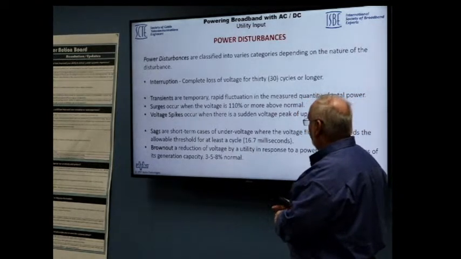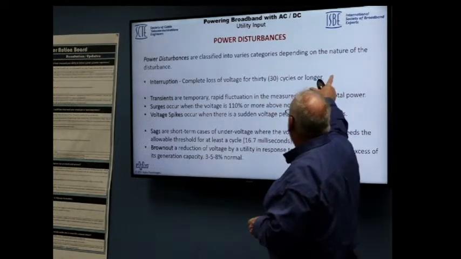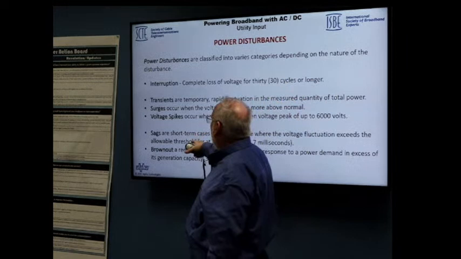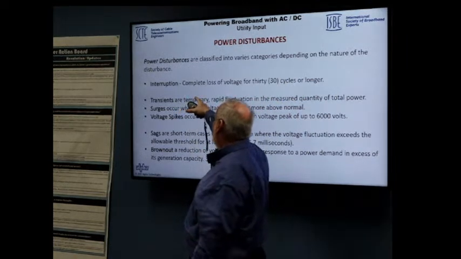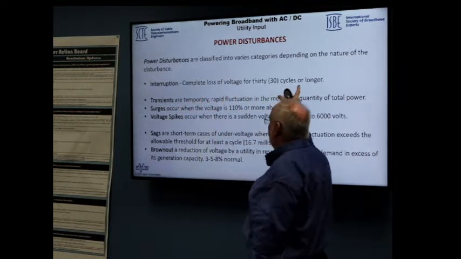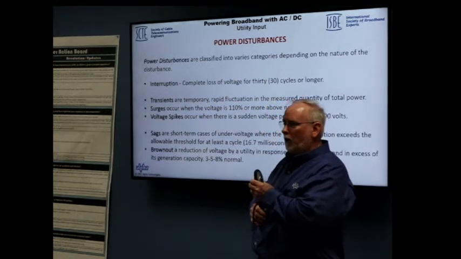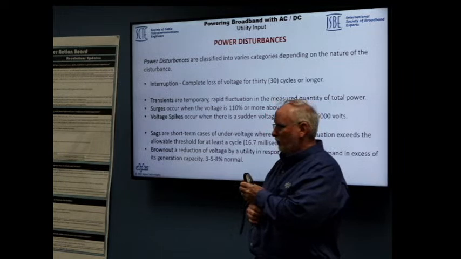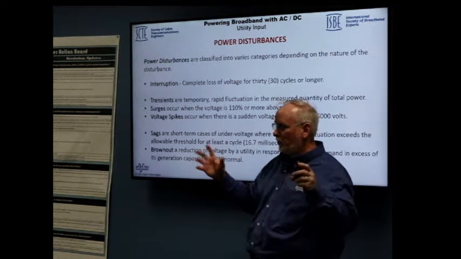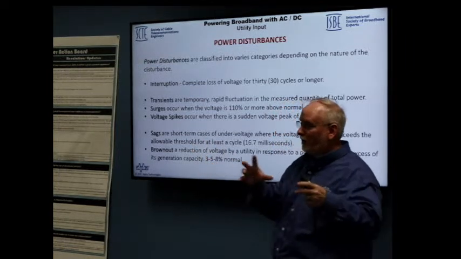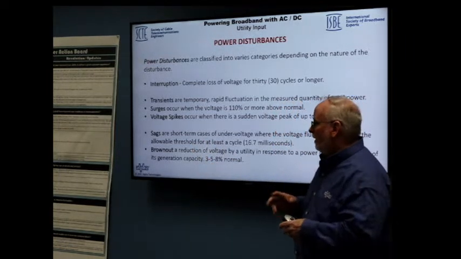So power disturbances are classified in various categories depending on the nature of the interruption. Interruption is a global term: complete loss of AC for 30 cycles or longer. Now, I don't know if anybody knows the new CCAP. You guys know what CCAP nodes are, right? Where you distribute part of a CMTS out in the field, either an edge plumb or possibly more of the CMTS.